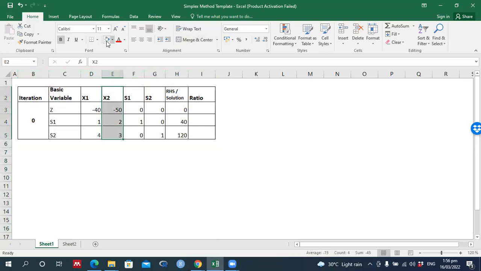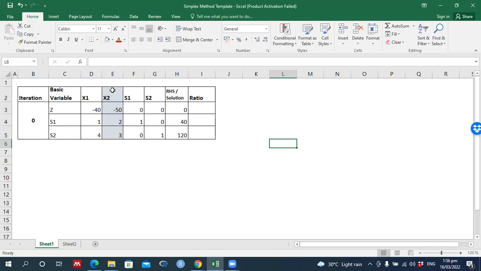So X2 is our pivot column. So always note how to identify your pivot column. You look at the Z values, and then you look at which of the values has the biggest negative value. And that is negative 50 in our case.